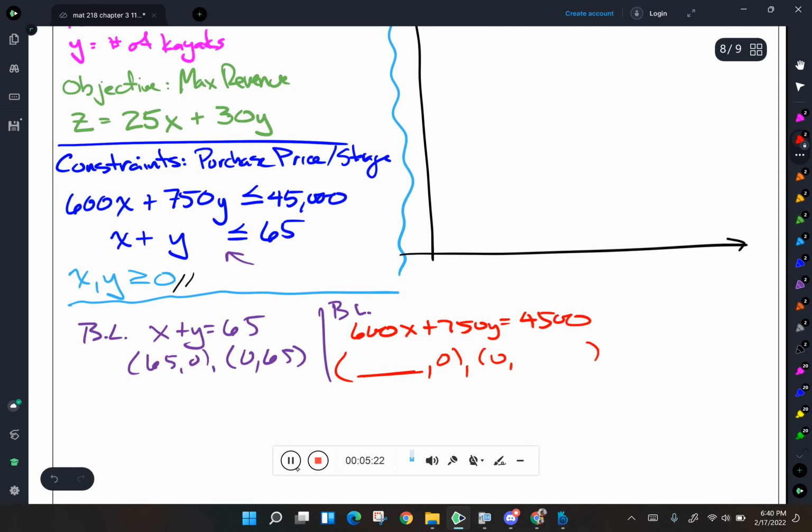So this number right here is going to be when y is 0. So if I make y be 0, it'll be 45,000 divided by 600. So 45,000 divided by 600, I'm using my calculator, I get 75. And then the y-intercept is going to be the 45,000 divided by 750.